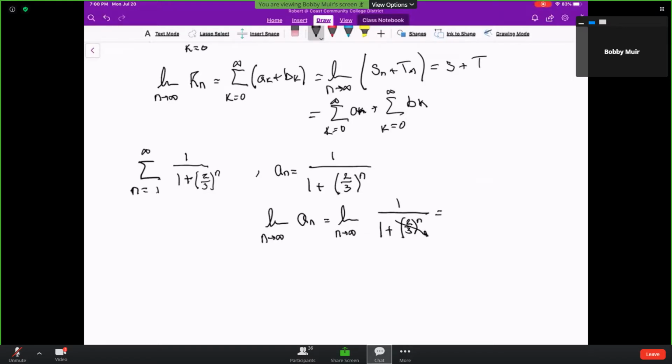And this thing goes to 0, so that's 1, not equal to 0. So that means it diverges. Okay?